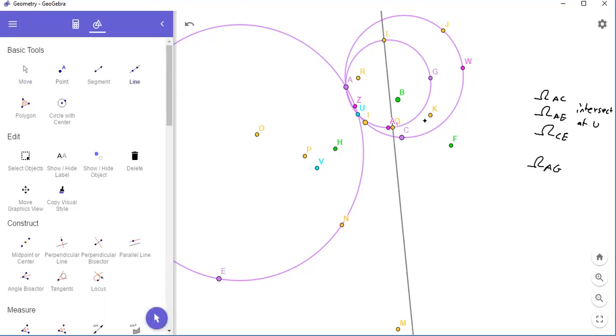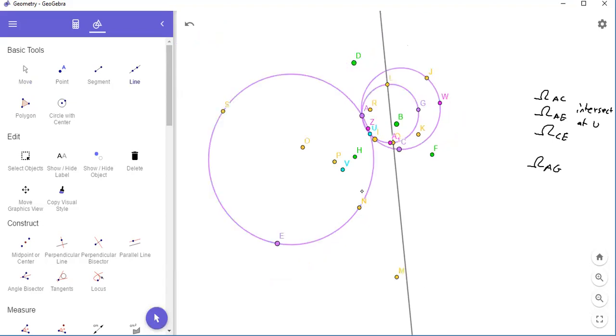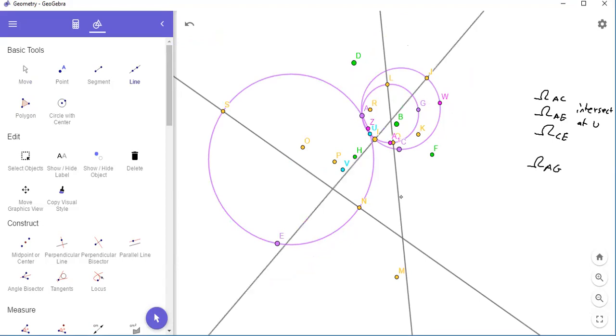For example, we have this here for AG. For AE, we have this, and then for AC, here, we get IJ.